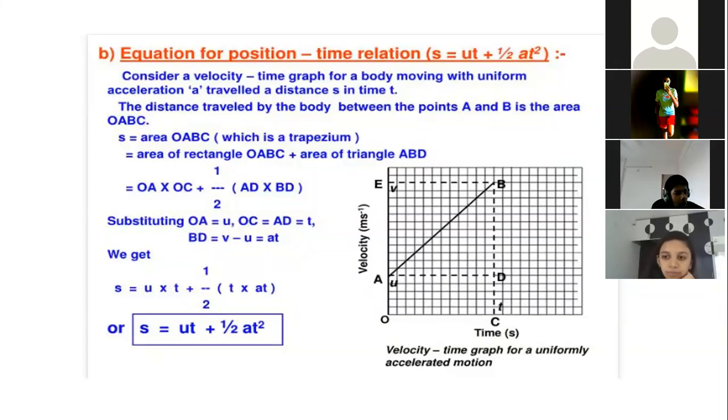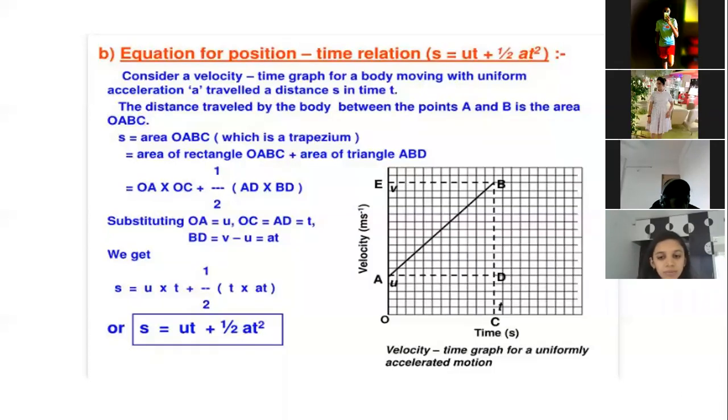It's related to position, the area under the curve. Which curve? The trapezium AOCB. AOCB is split into two different parts, AOCD plus ABD. AOCD is a rectangle, so its area is length into breadth, and ADB is a triangle, whose area is half into base into height.